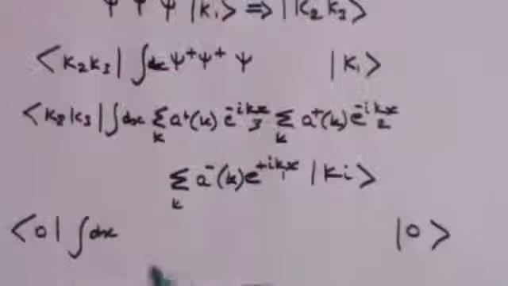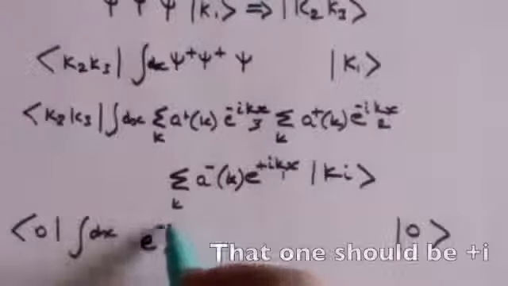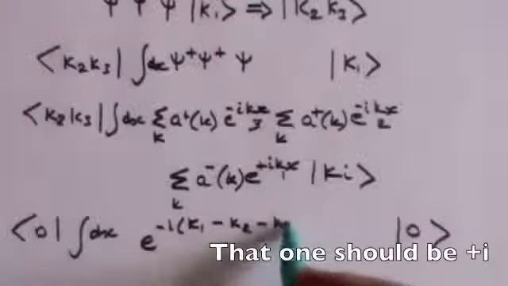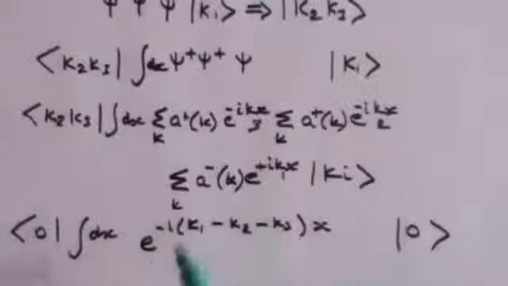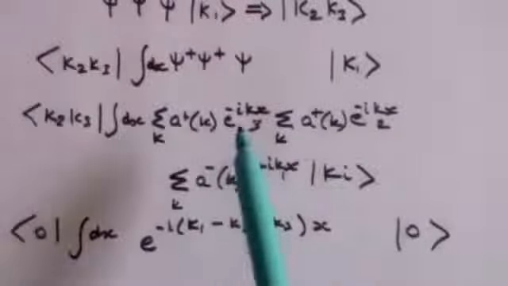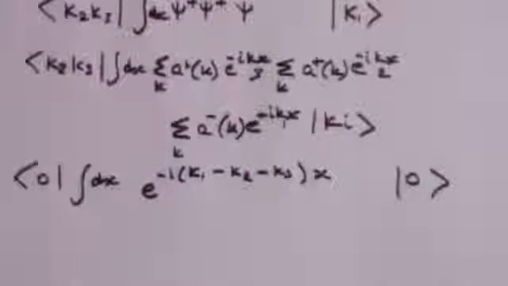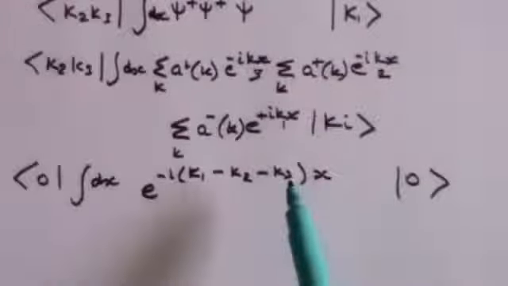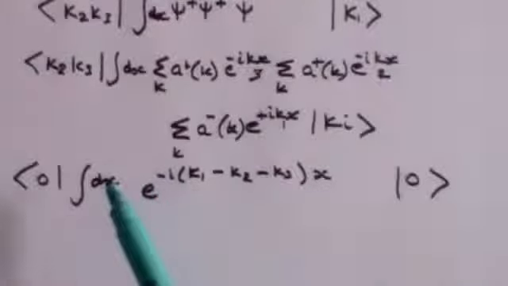So what you'll find is that you're left with the exponential to the minus i of k1 minus k2 minus k3 times x. That is the effect of bringing together all of these exponentials. And for the same logic as we had before, if k1 minus k2 minus k3 equals 0, then the exponential will equal 1, and then you integrate 1 over all space.